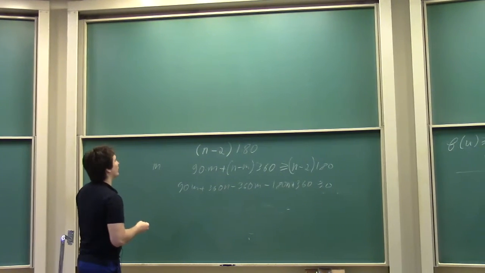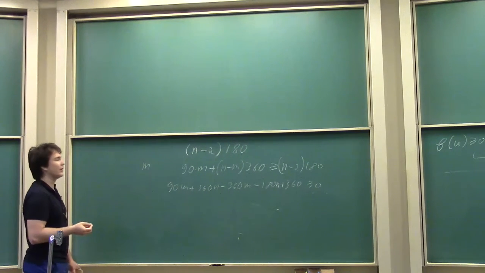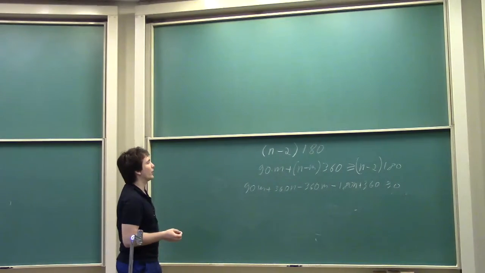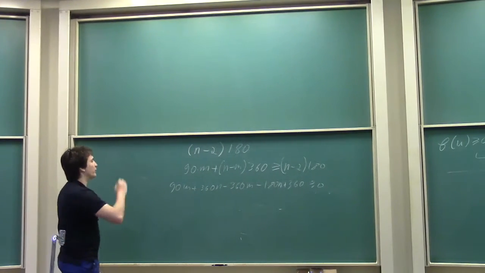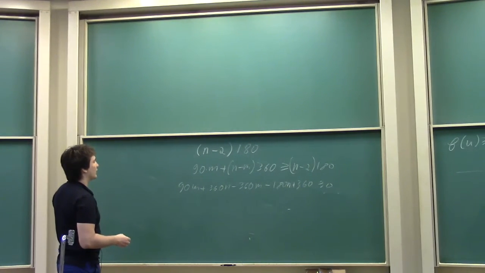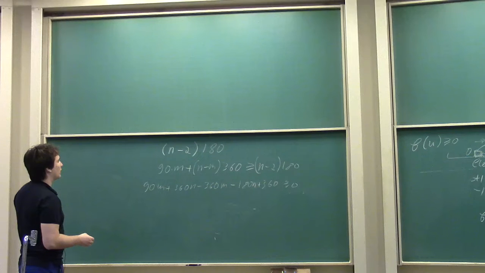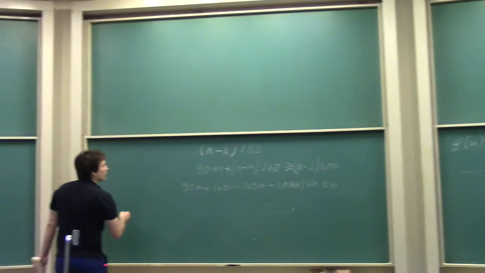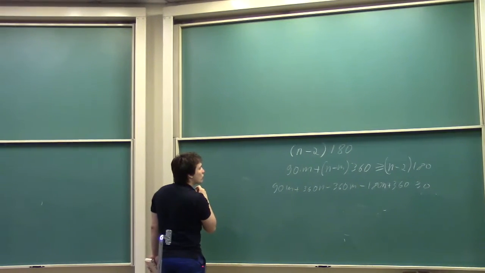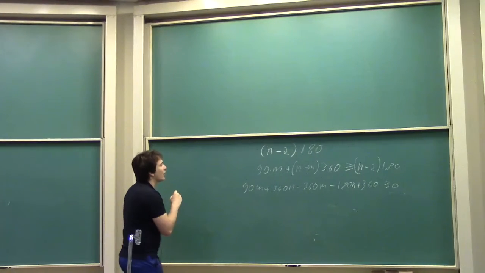So what do we want? We actually want to have a formula that gives some upper bound on m given the value of n. So I need to put all things with m on one side and all with n on the other side.